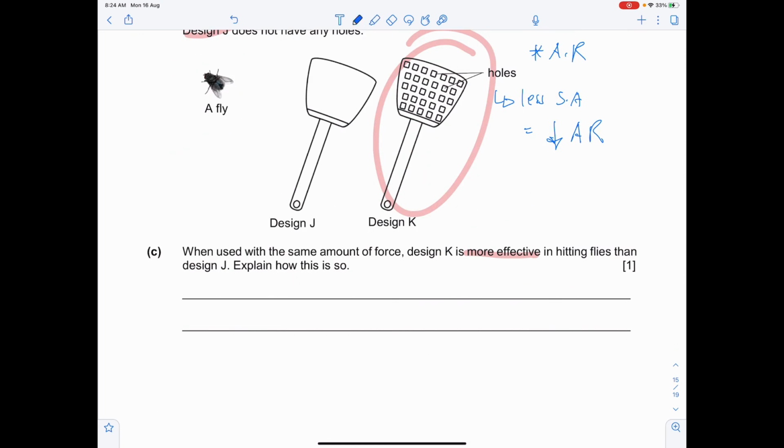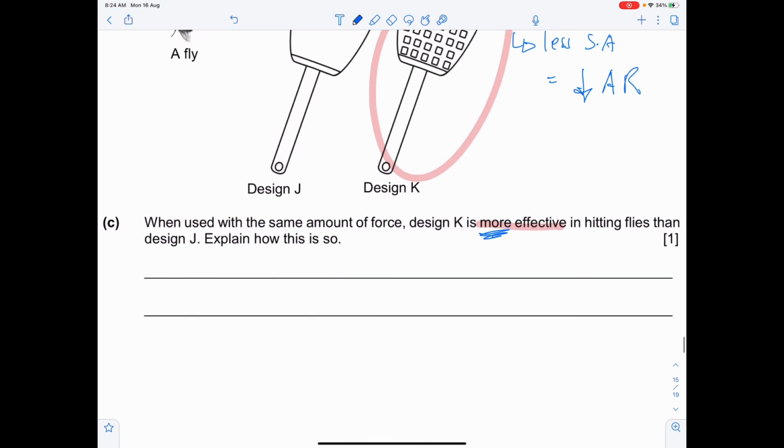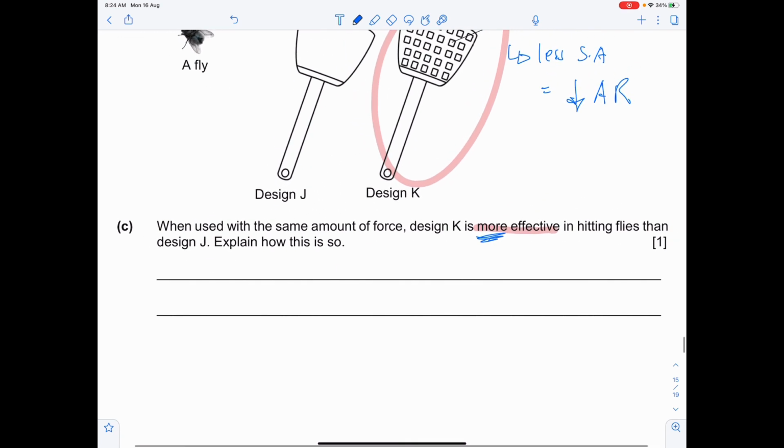Remember, it's a superlative question once again. More effective. We have told you that your answer needs the word more, or less than, more than, somewhere there. Okay, so let's see how we pan out. The holes in K reduce, or has less air resistance, and allows it to move faster.